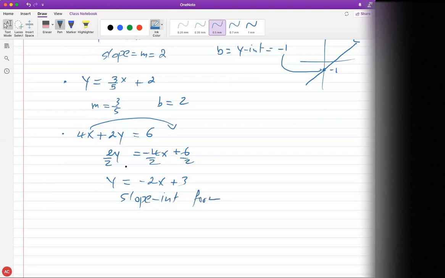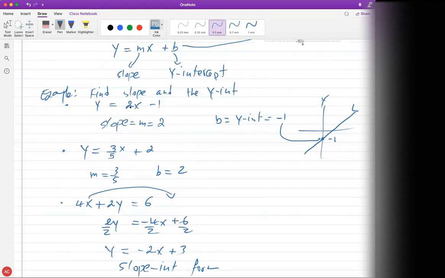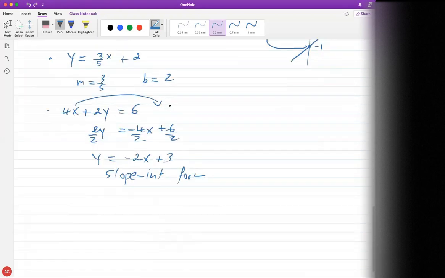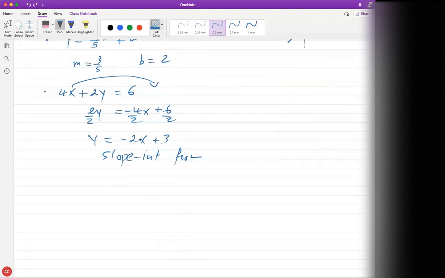When you have the y by itself, like we said here, this is what we call the slope-intercept form: the y is by itself, with no number or sign, and the other stuff is on the other side. Now if you look at this equation, what is the slope m?